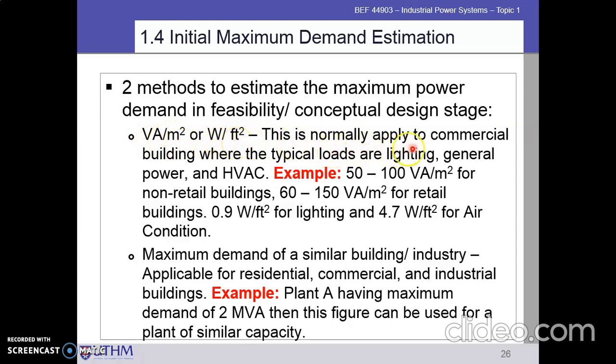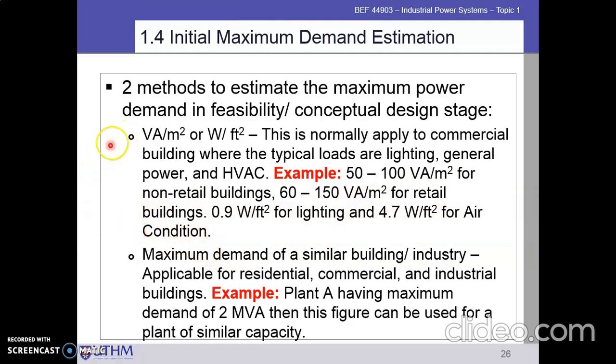This is normally applied to commercial buildings where the typical loads are lightings, general power, and HVAC. For example, 50 to 100 VA per m squared for non-retail buildings, 60 to 150 VA per meter square for retail buildings, 0.9 watt per feet square for lightings, and 4.7 watt per feet square for air conditioning.